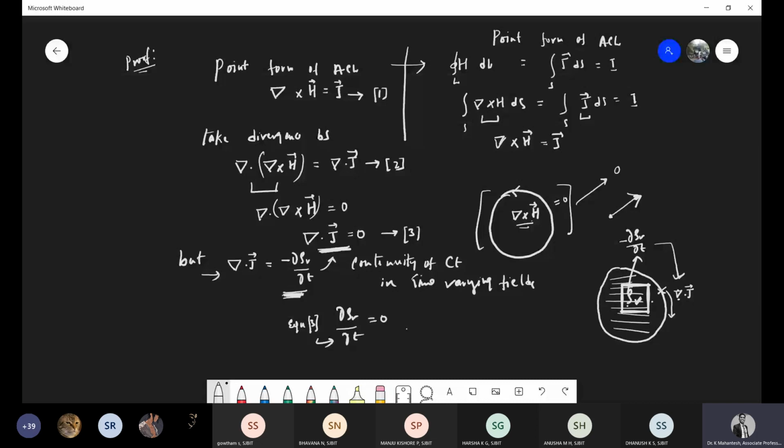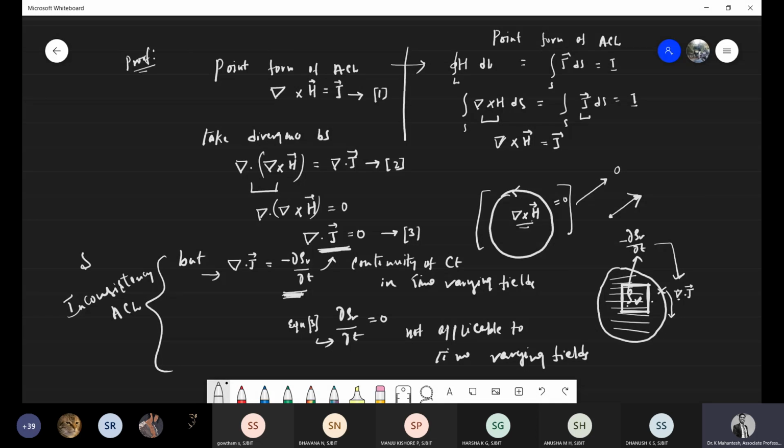Guys, I repeat, this is not applicable to time varying fields, and this is called the inconsistency of your existing Ampere circuital law. This you have to state or mention before you say I will introduce the term called displacement current.